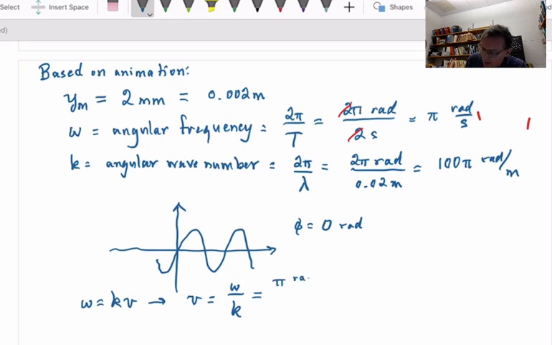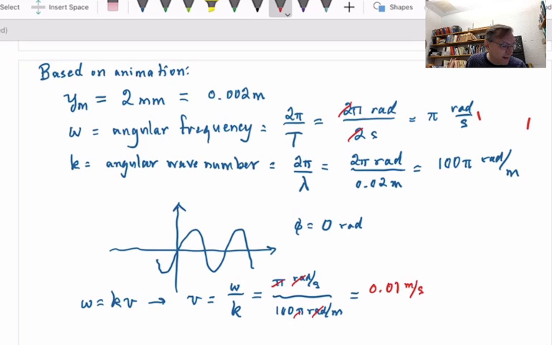The angular frequency is pi radians per second, and the angular wave number is 100 pi radian per meter, and the pi's cancel, and 1 over 100 is 0.01, and the units of radians cancel, and sure enough, I have units of meters per second. So that wave is traveling at 0.01 meters per second, or 1 centimeter per second.